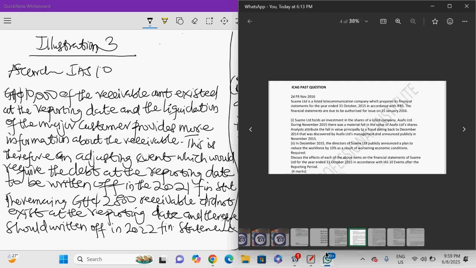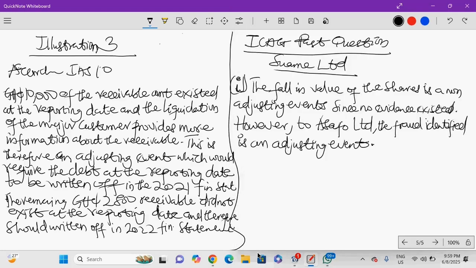So the announcement of plans to restructure, it's because they want to cut down the labor, right?